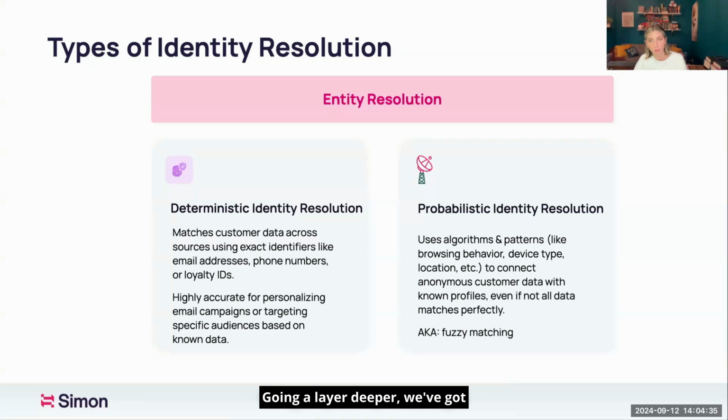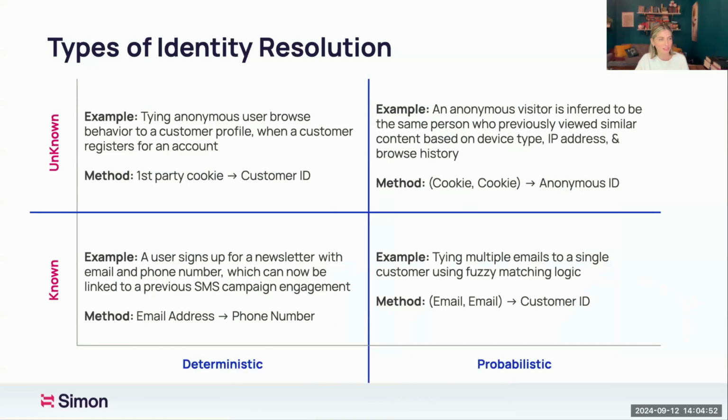Going a layer deeper, we've got two primary identity resolution approaches. Those are deterministic and probabilistic. Each serves a different purpose, and depending on your data needs and your marketing goals, understanding the difference is key to making the right choice for your strategy. Matt, would you mind walking us through some real-world examples of both?